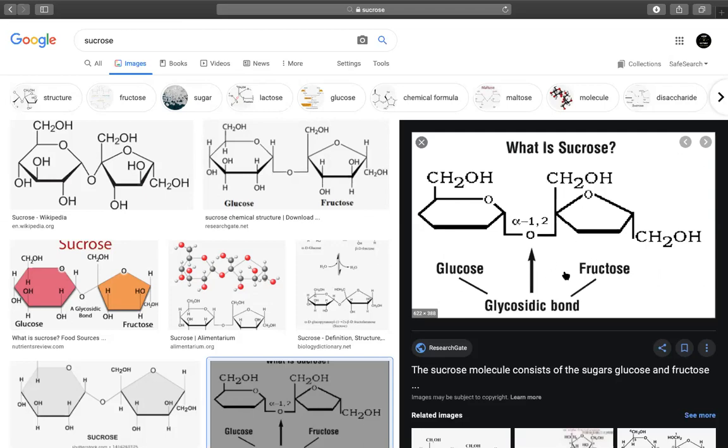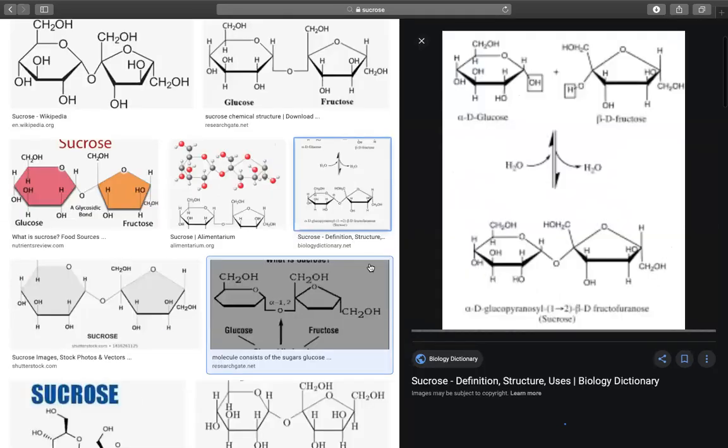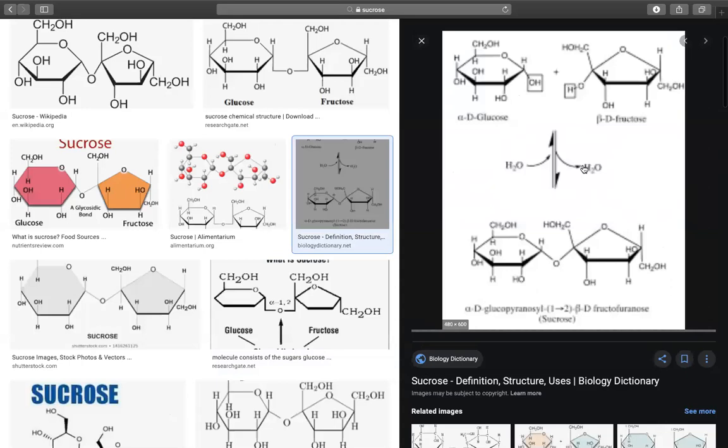So in a reaction where you have the two glucose molecules interacting, there's always going to be a water reaction taking place. Every time you have a reaction between these two, there is always going to be a water reaction.